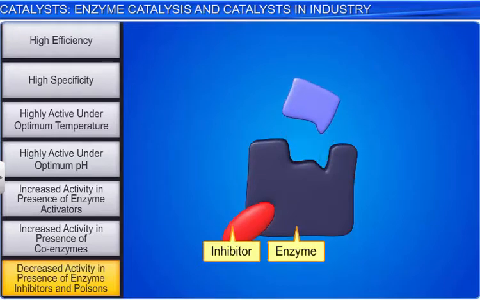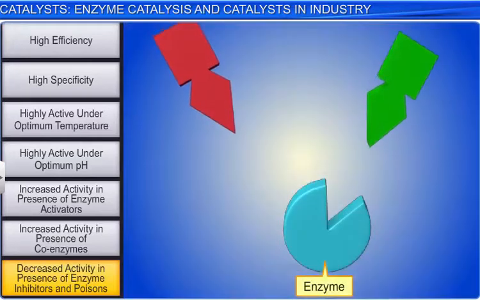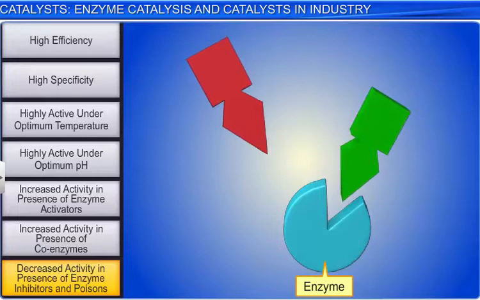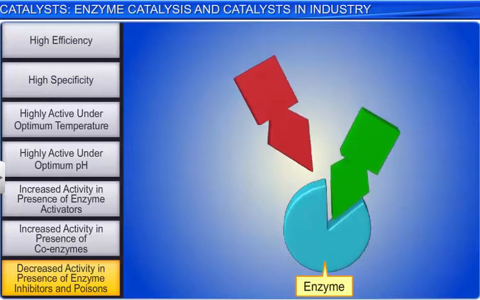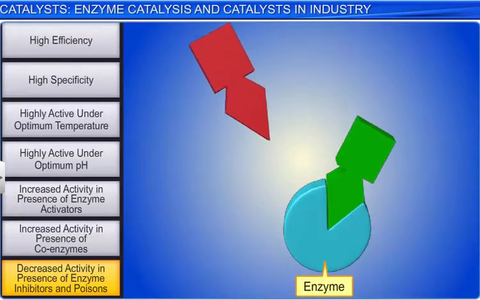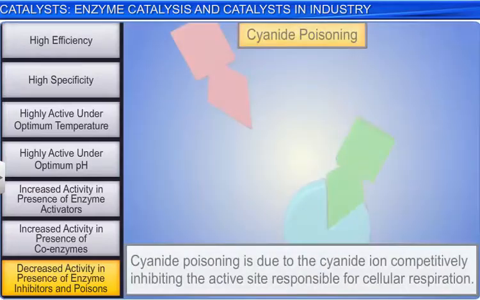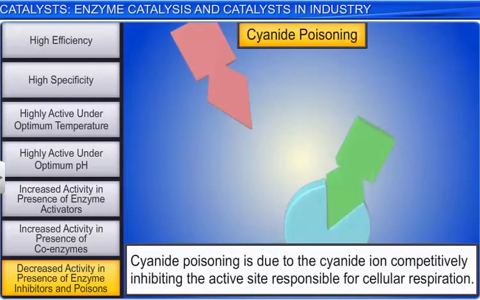Many toxic substances owe their toxic properties to their ability to act as inhibitors to important enzymes that catalyze biochemical processes. Once an enzyme has been inhibited, the process that it catalyzes cannot take place. For example, cyanide poisoning is due to the cyanide ion competitively inhibiting the active site responsible for cellular respiration.